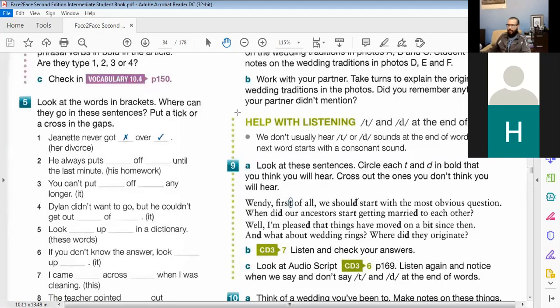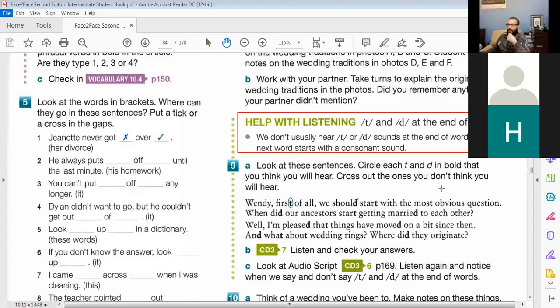Okay, so here, let me mention the story of the letter T and the letter D. When do we pronounce it? It's not that it's silent, but it's not pronounced very strongly. The rule says we don't usually hear the phonetic sound T and D at the end of words when the next word starts with a consonant.